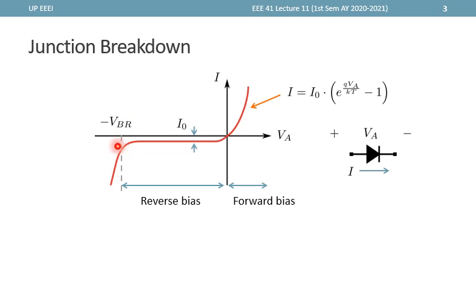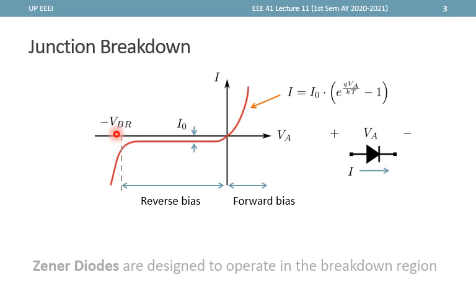So this breakdown region starts at this minus VBR. So we take VBR as a positive value, and that's the breakdown voltage of the diode. Now, some diodes are actually designed to operate in this breakdown region. So most of the time in circuits, Zener diodes are actually reverse biased enough such that they are in the breakdown region.